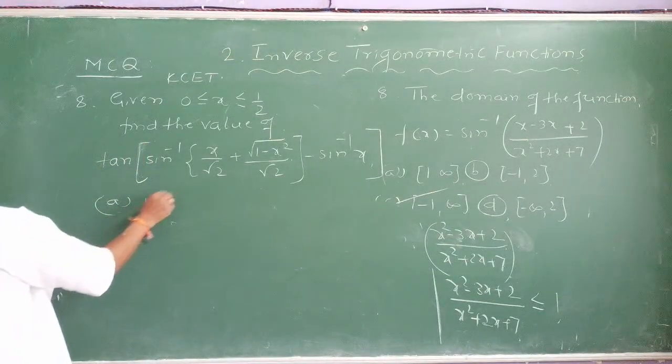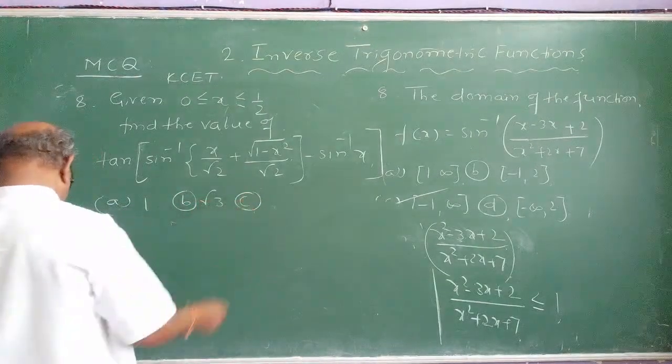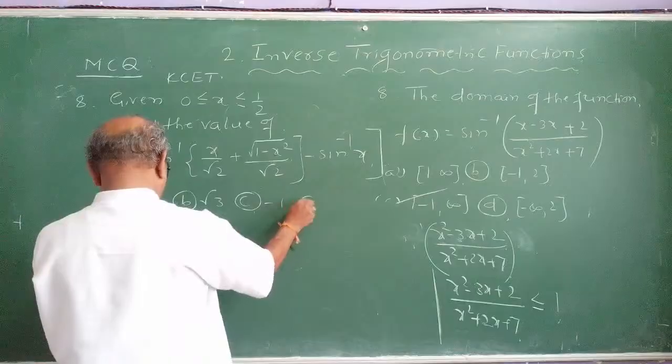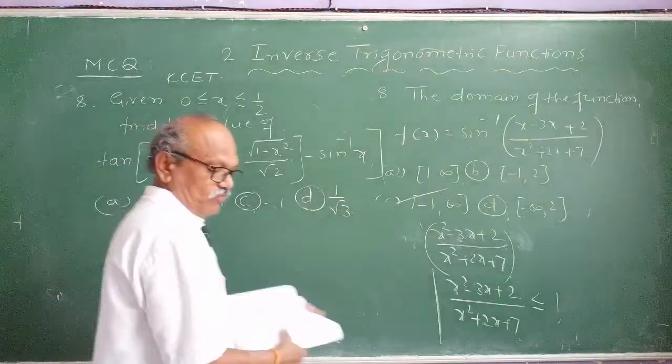Option A is 1. Option B is root 3. Option C is minus 1. Option D is 1 by root 3.